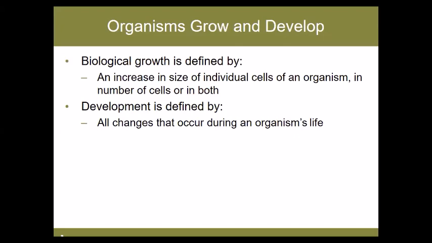For example, a stem cell is a non-differentiated cell. It hasn't matured yet. A stem cell could mature and become a hepatocyte, a liver cell, or an adipocyte, an adipose fat-storing cell. So development defines that particular cell.